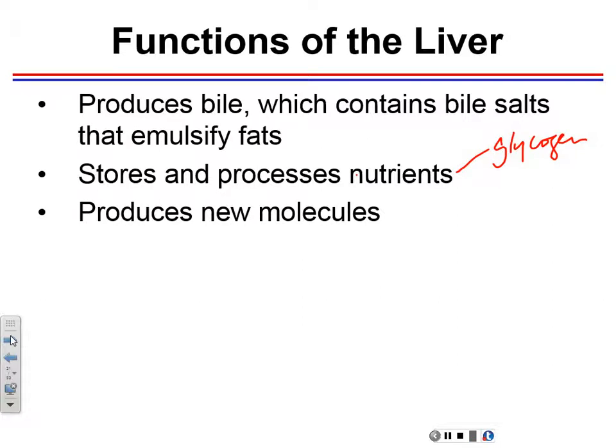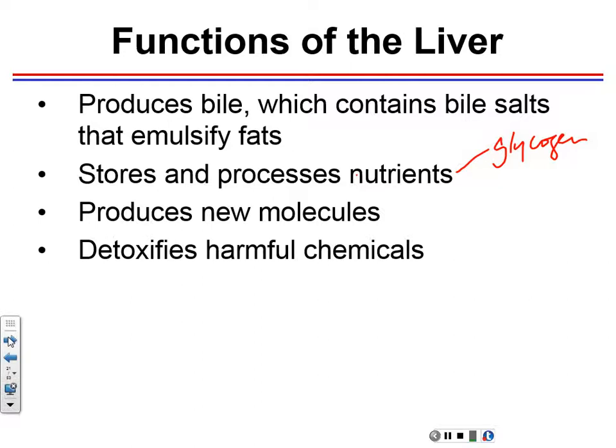It can also synthesize new molecules, just like we talked about in terms of changing one amino acid into another. If you are on the Atkins diet and taking in a whole bunch of protein, does it mean you don't need carbohydrates and fats? You do. So the liver will make sure all those proteins are processed and cycled to make carbohydrates and lipids.